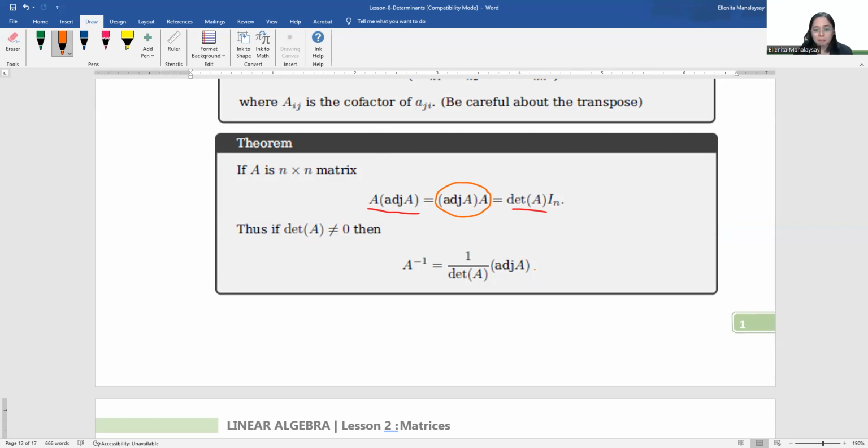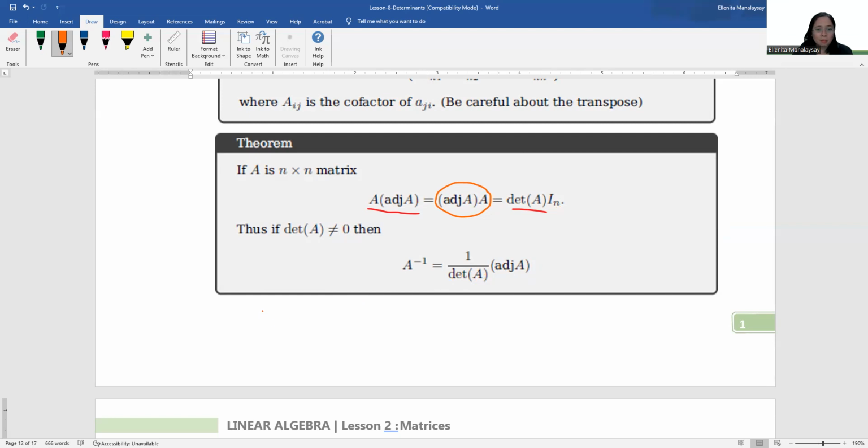Now for the second part, and we are particular about this, finding the inverse, and that is our goal for this specific discussion. A inverse is equal to 1 over the determinant of A times the adjoint of A. Well, actually, this one is just a consequence of the first argument.